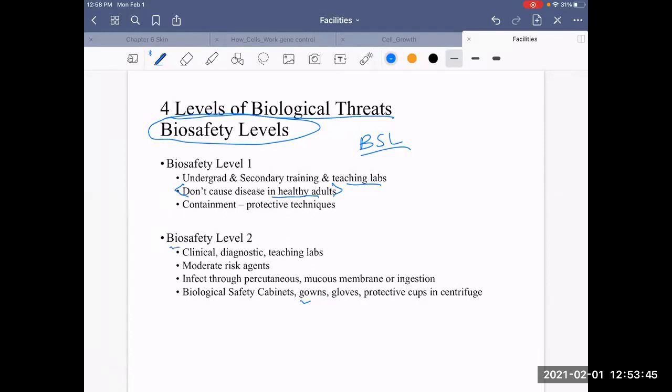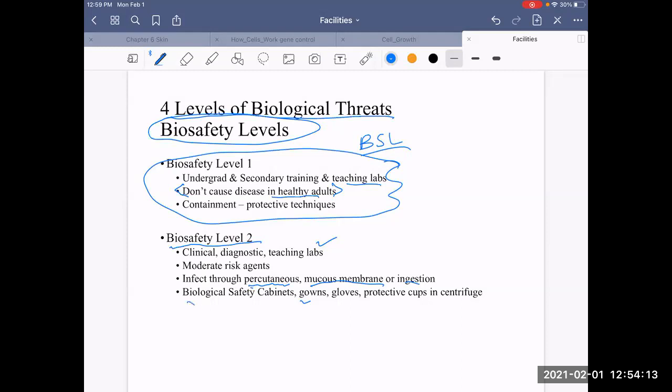Okay, BSL2, or clinical diagnostic and some teaching labs, have a little bit more. They have moderate risk agents, so it would have to get through your skin, through your mucous membrane, or you would have to eat it. What we're doing is, one, we don't work with anything that can infect you.